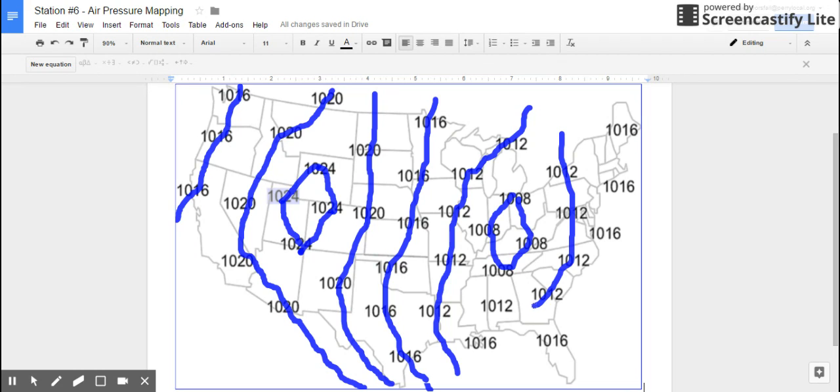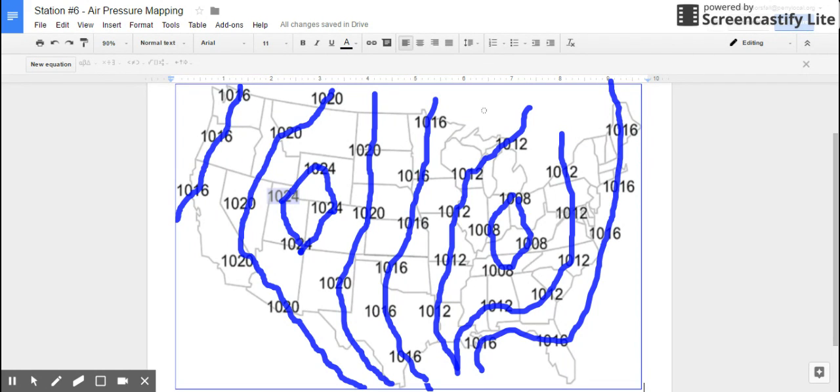This line's going to come down. It's actually going to squeeze right between these to connect to this one. This line's going to come up here. All the way up. All right, so we end up with our isobars.